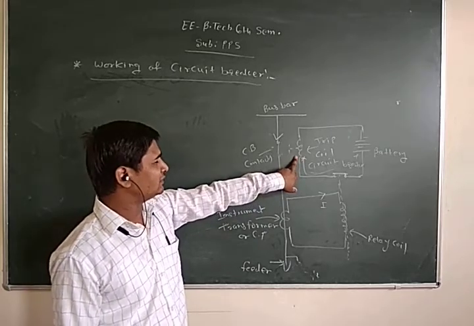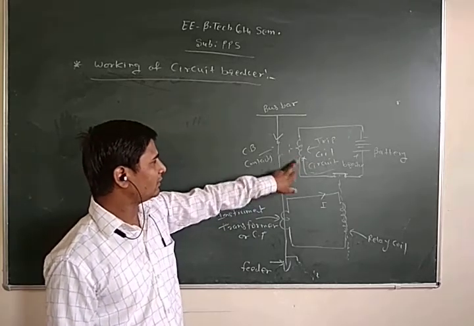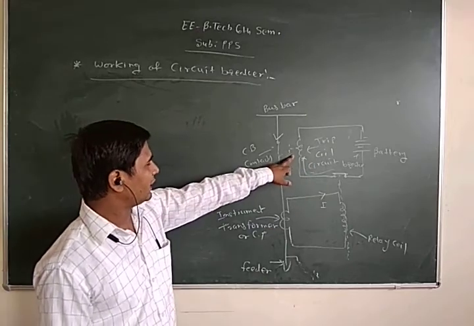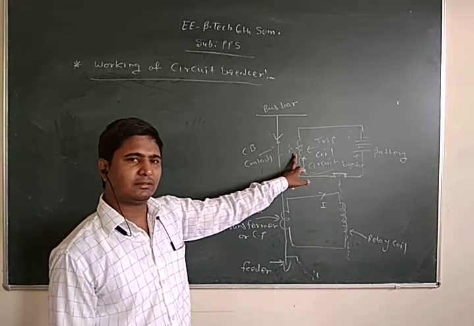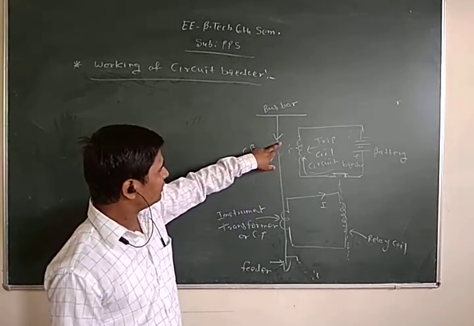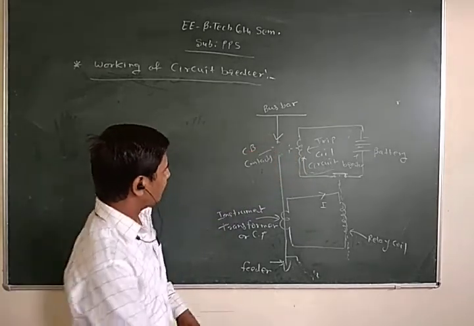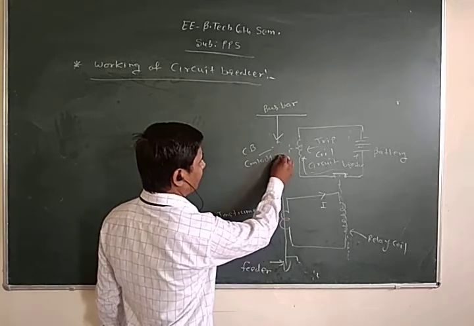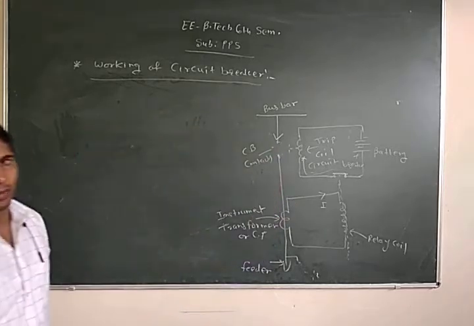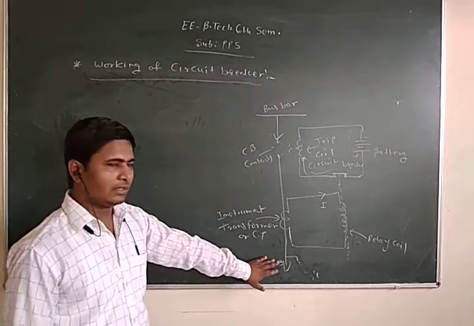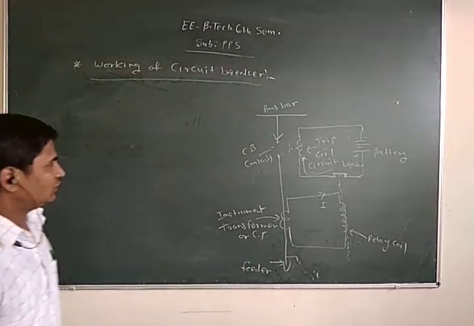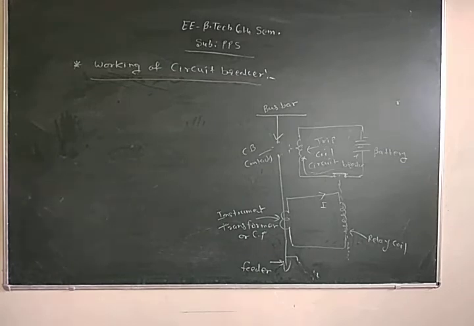Due to this magnetization, the plunger of the circuit breaker is pulled back, so the contacts of the circuit breaker are open. In this way there is no current in the feeder. So this is the basic working of the circuit breaker.